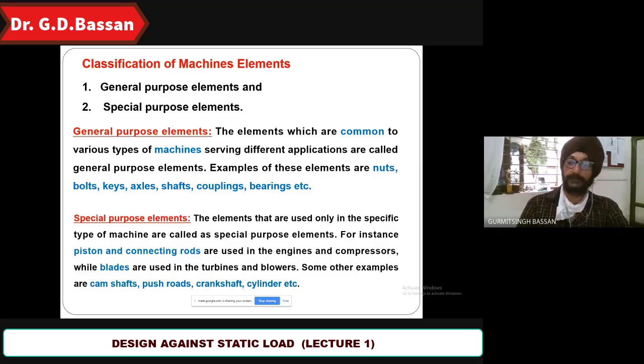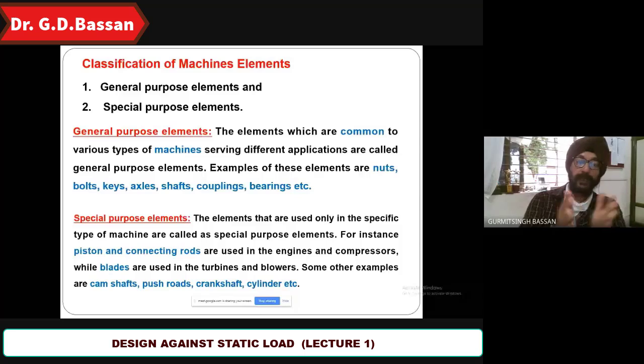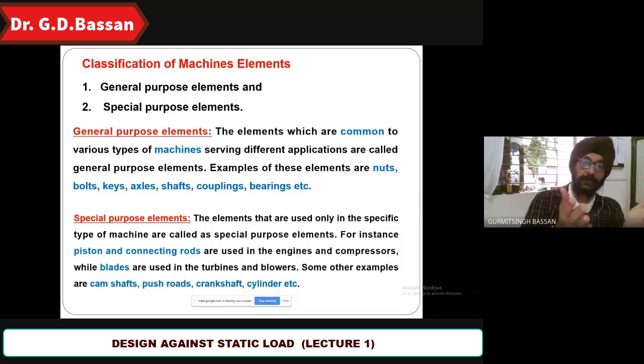Other special purpose elements are camshafts, push rods, crankshafts, cylinders, etc. Okay, so these are the elements, and mostly we design the general purpose elements first, and later on we go for some of the special purpose elements.